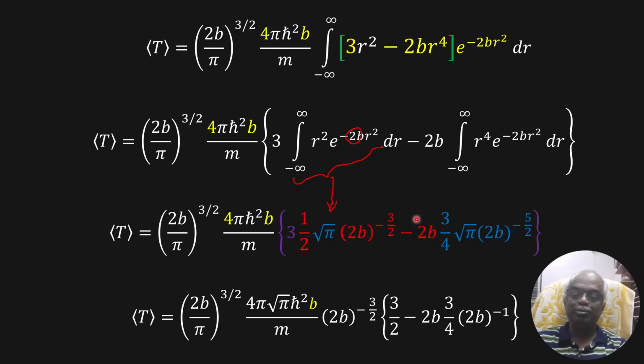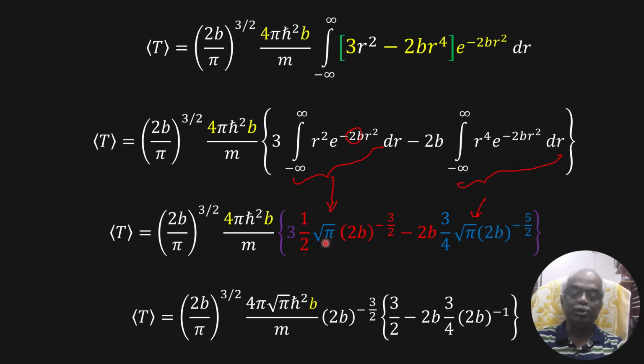And what about this? Minus 2p, you take it as it is. Then if you integrate this, you will get, as I have shown in blue color, 3 over 4 square root of pi times 2p power minus 5 by 2. This is a standard Gaussian integral. Now I am going to take 2p power minus 3 by 2 outside.